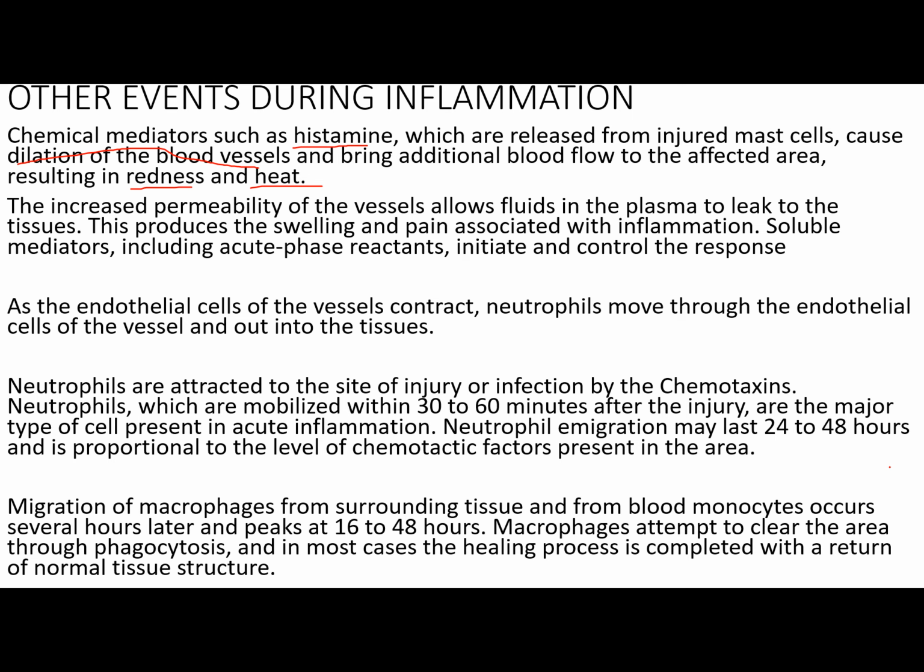Neutrophil immigration may last 24 to 48 hours and is proportional to the level of chemotactic factors present in the area. Migration of the macrophages from surrounding tissue and from blood monocytes would occur several hours later and would peak at 16 to 48 hours. Macrophages attempt to clear the area through phagocytosis, and in most cases, the healing process is completed with a return of normal tissue structure. So please copy.